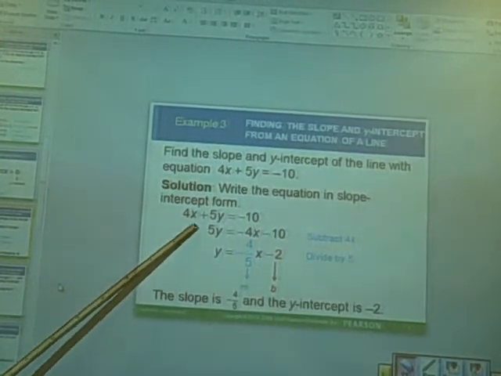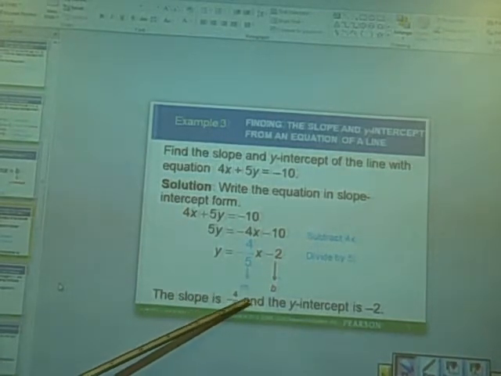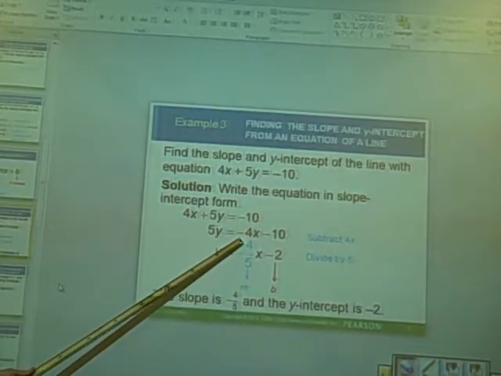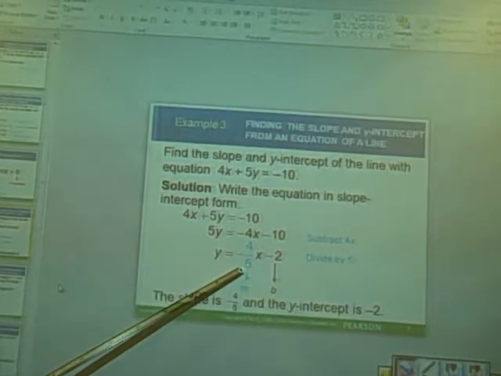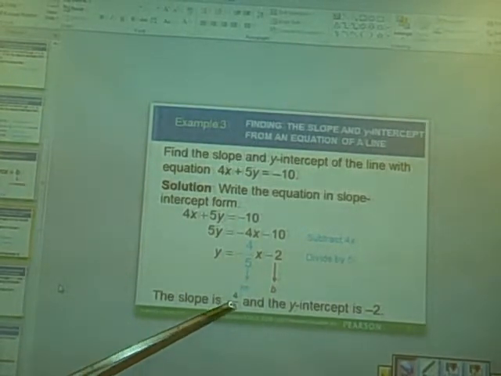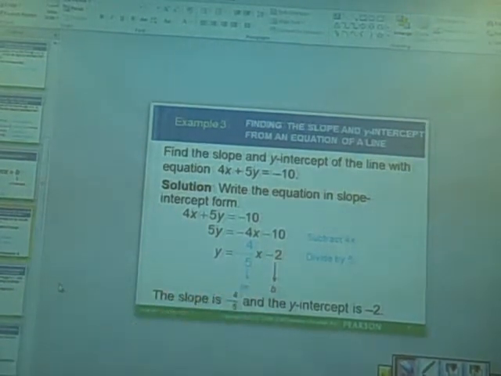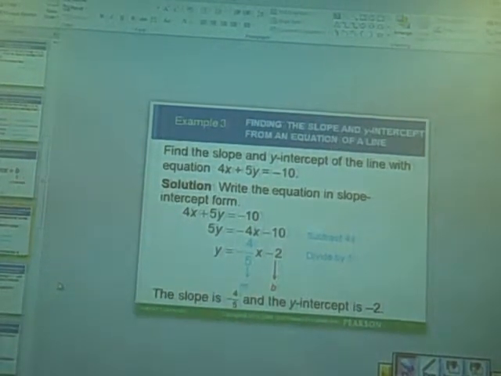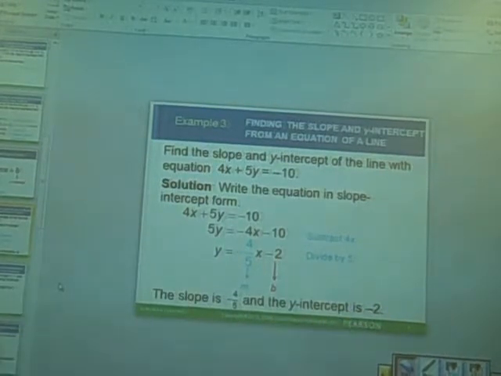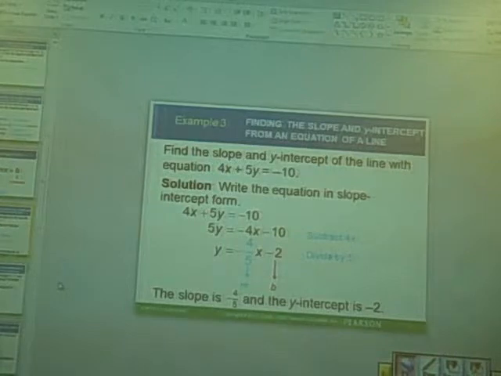Here we would apply minus 4x to both sides and then divide by 5. And so we see that negative 4 over 5, the coefficient of x, is your slope. The y-intercept is the sign and that number, so the y-intercept would be both the negative and the 2. Okay? Questions with that?